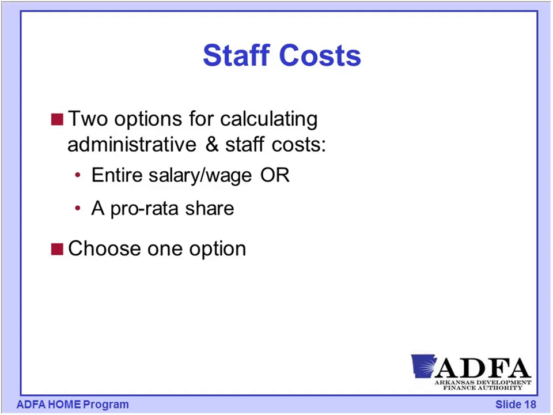I would be showing, I came in at 8 o'clock, I left at 5 o'clock, I spent 4 hours working on the HOME program, I spent 3 hours working on NSP and a couple of hours working on something else. So you'd be able to chart that out, and that's how those costs would be reflected and build off to the different funding sources.